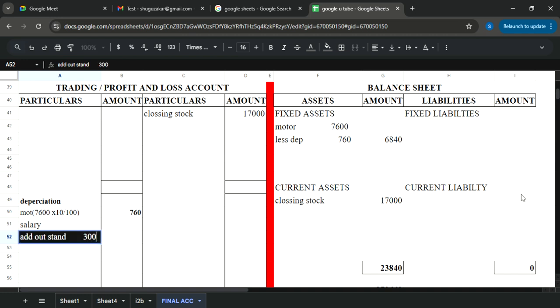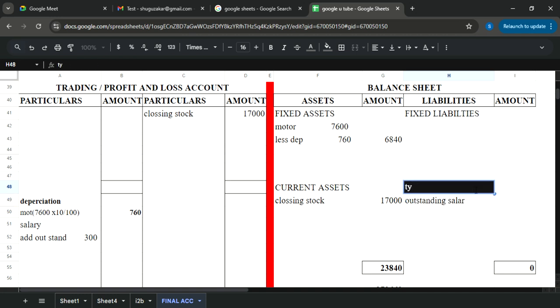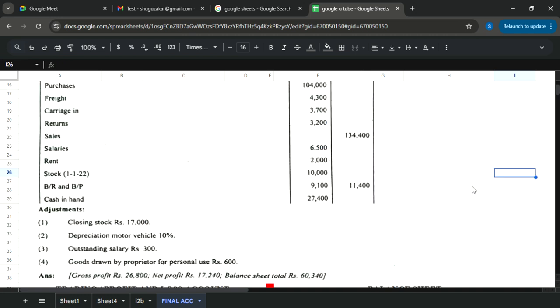The second effect of outstanding salary is in current liability. Here you will write outstanding salary, 300 is outstanding. So guys, in this way 3 adjustments are completed.